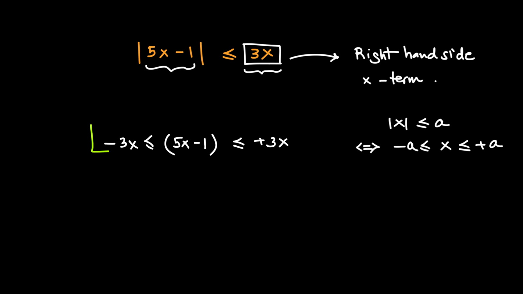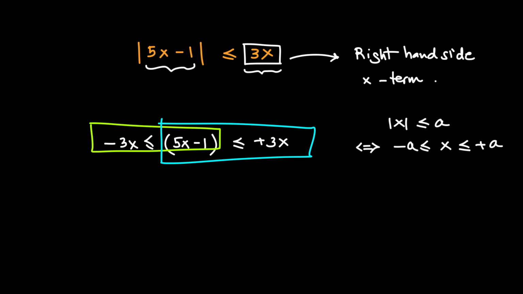Now break it up into two pieces and solve it separately. If I look at the blue portion, 5x minus 1 is less than or equal to 3x. Make x the subject. So 5x minus 3x is less than or equal to positive 1. 2x is less than or equal to positive 1.